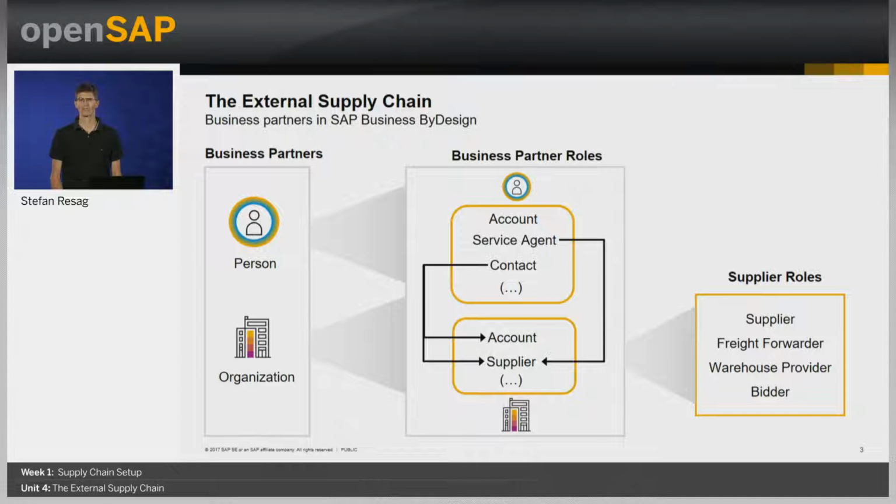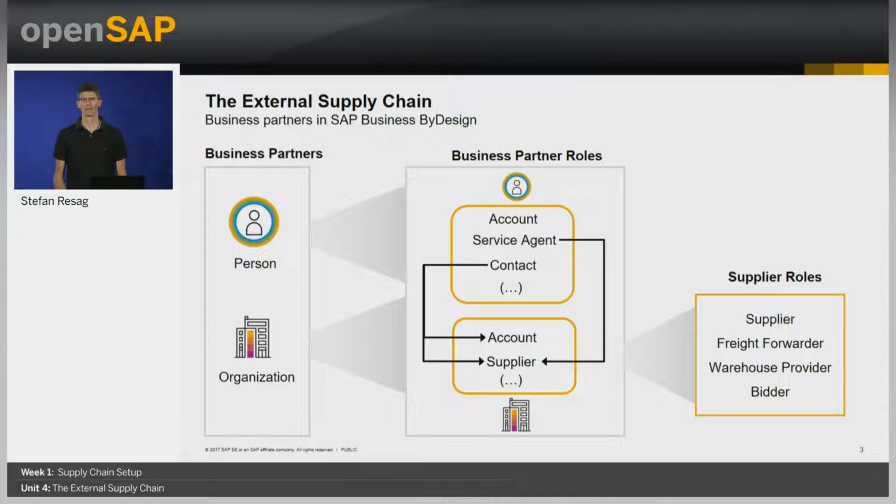Of course, these roles can differ if the business partner is a person or an organization. A person could be an account and a service agent at the same point in time. A business partner organization can be a supplier and at the same time an account of your company.